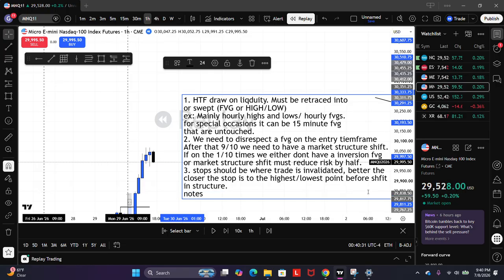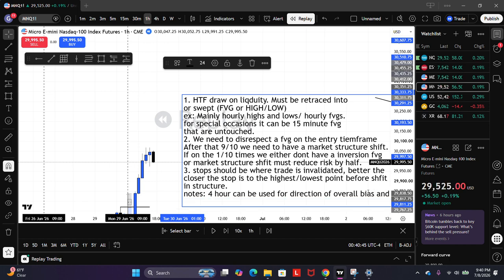Notes. 4 hour can be used for direction of overall bias and can support a stronger bias.